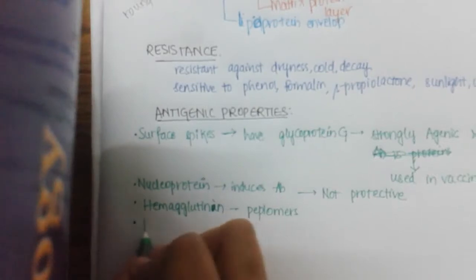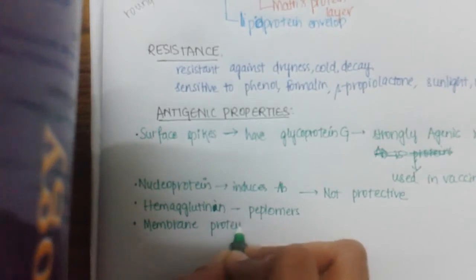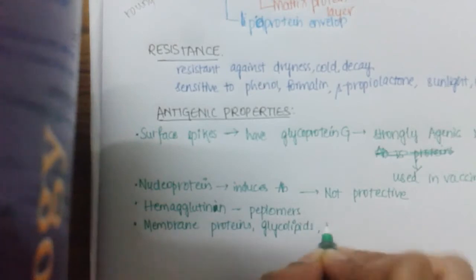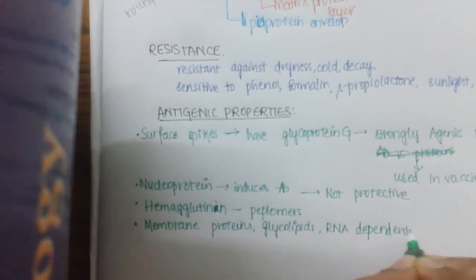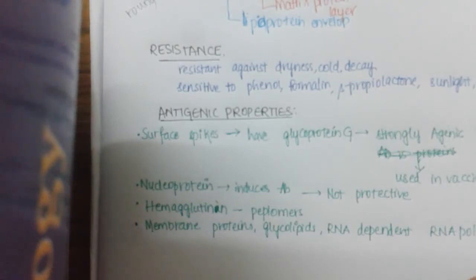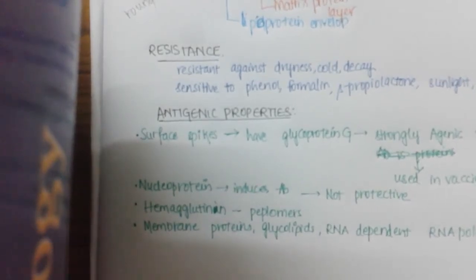And the others are membrane proteins, glycolipids, RNA dependent RNA polymerase. All these are antigenic properties of rabies virus. So first mainly morphology we have learnt, and then resistance, and then antigenic properties. Antigenic properties mainly include surface spikes and nucleoprotein, then hemagglutinin, and then membrane proteins, glycoproteins, RNA dependent RNA polymerase, etc.